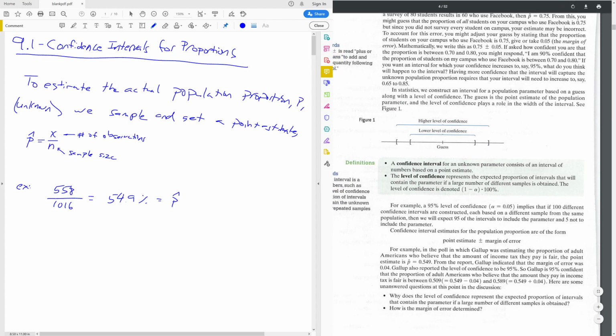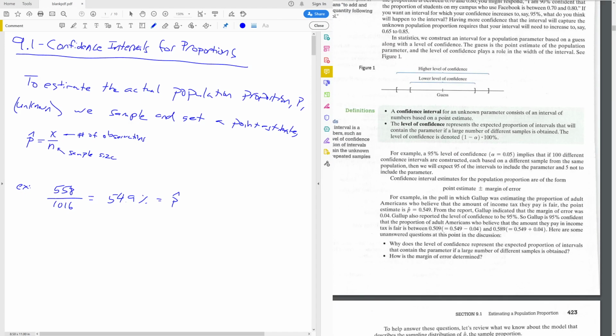Here's a good little visual. We make a guess based on our sample proportion, and we put a confidence level to that, of how confident we are that the actual population parameter is within the numbers we give.